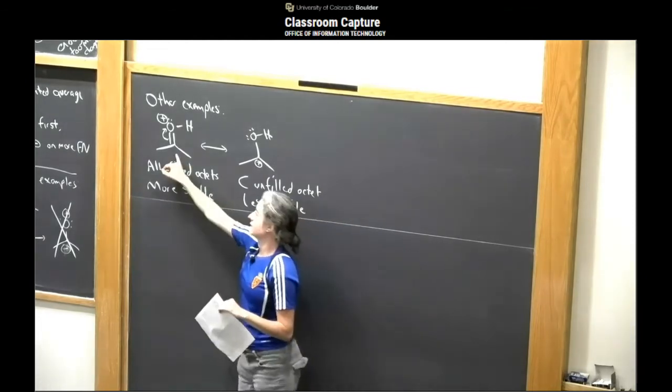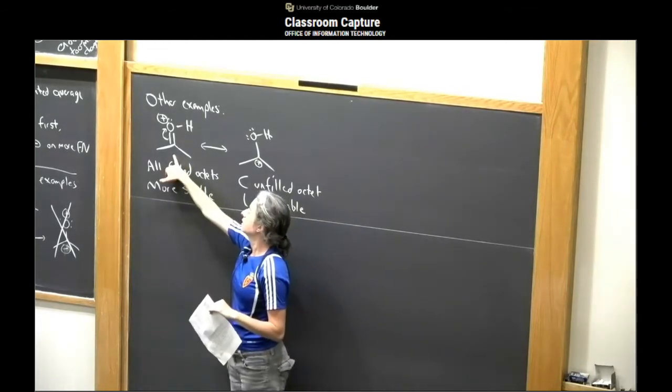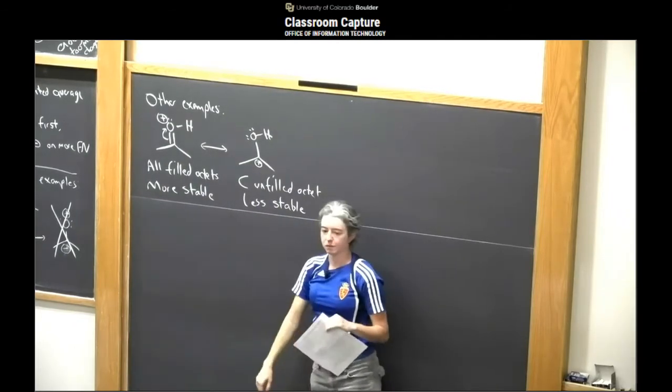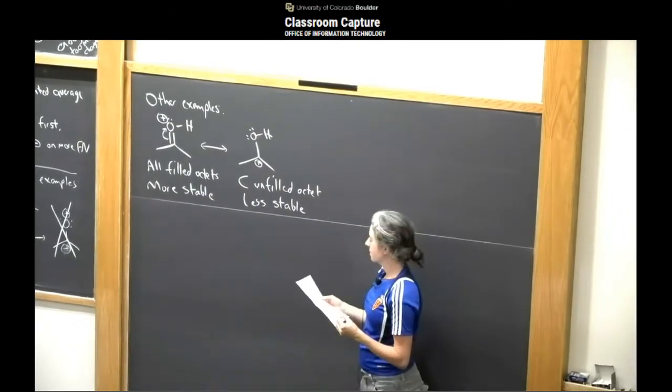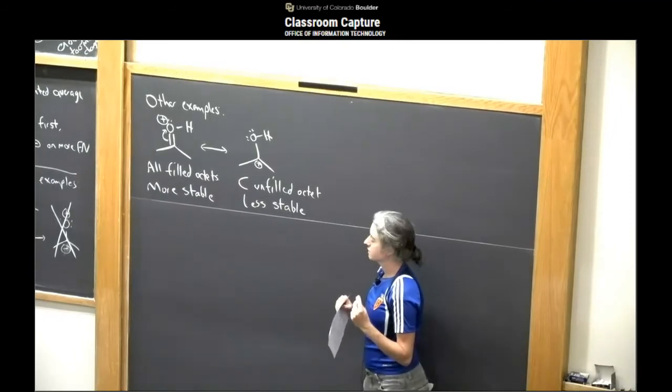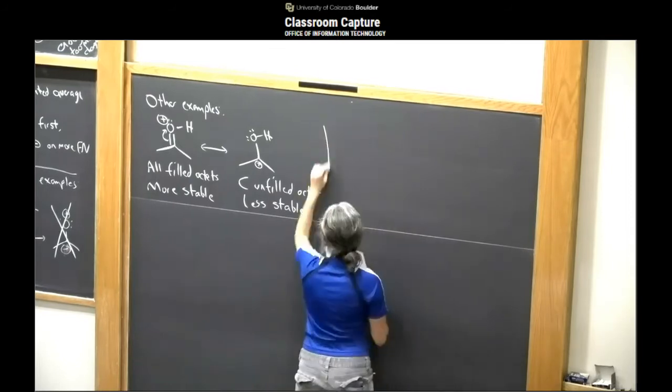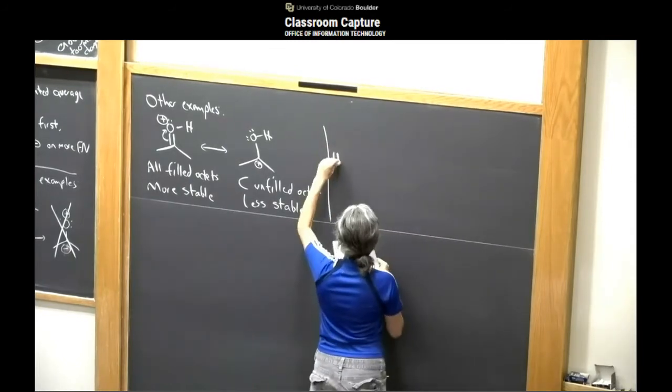I'd still show this one as the only major resonance form, but this one at least has something to speak for it. So, okay. Other questions about that one? Okay. So one more example from the notes.